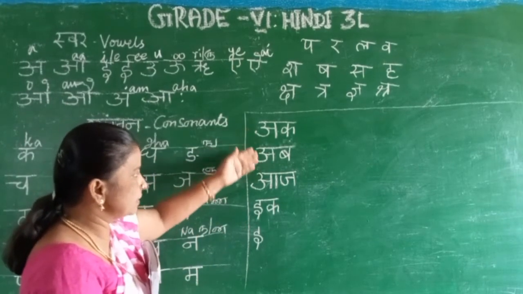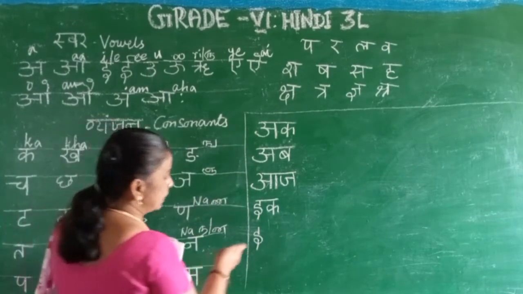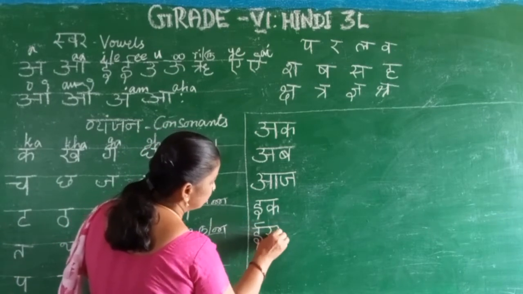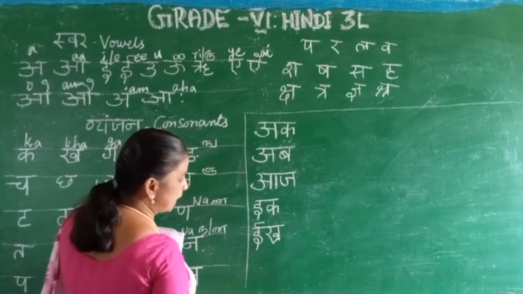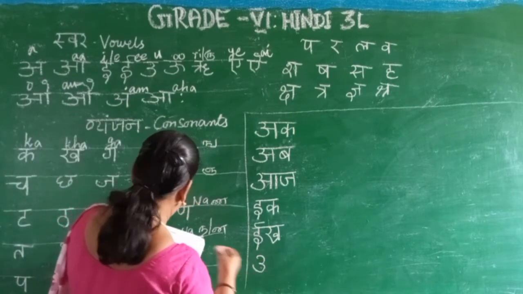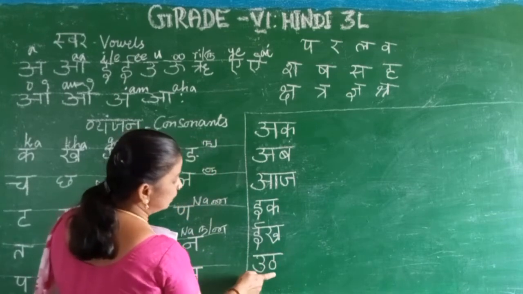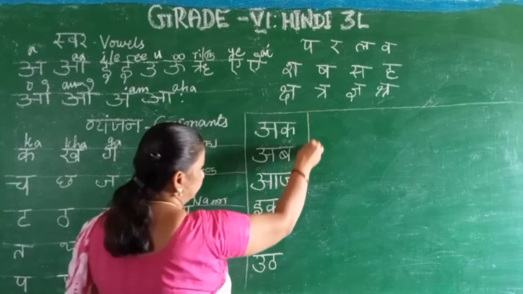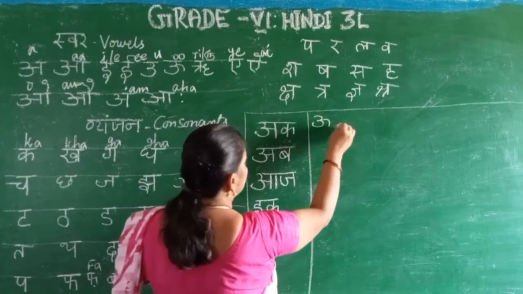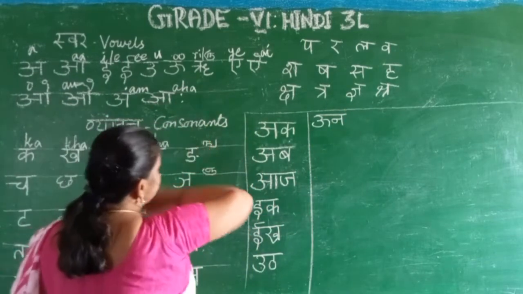So I will revise like an order of vowels. I, the second consonant, ka, ik. Now the next vowel, u. This letter ta. How to read? U, ta, ut. Next one, oo. What is this? Na. Oon.